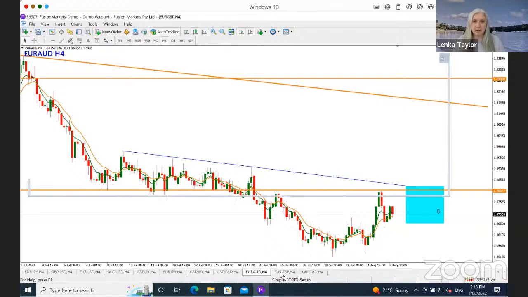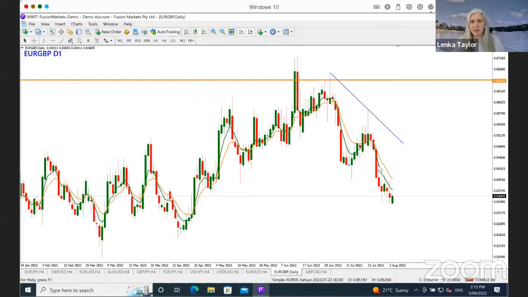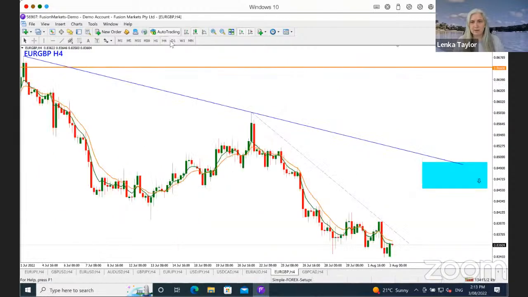The next currency pair, the Euro GBP, looking at short. Here on the daily, we're in that downtrend. It is overlapping quite a bit, so the price action is not moving very fast on this currency pair. It does look like it's ranging a little bit in this area as well, so it's potentially giving us a nice flat area.